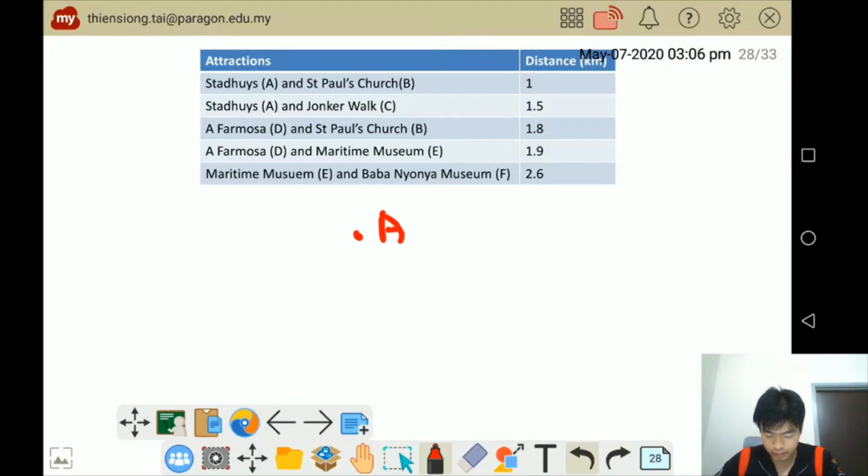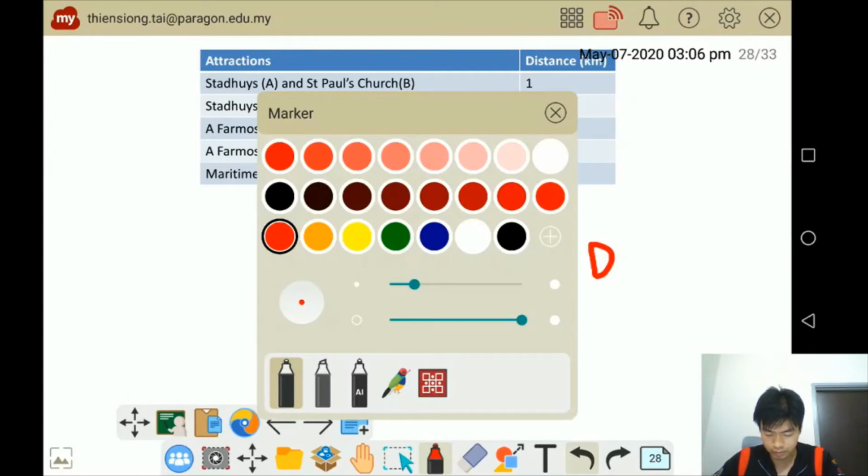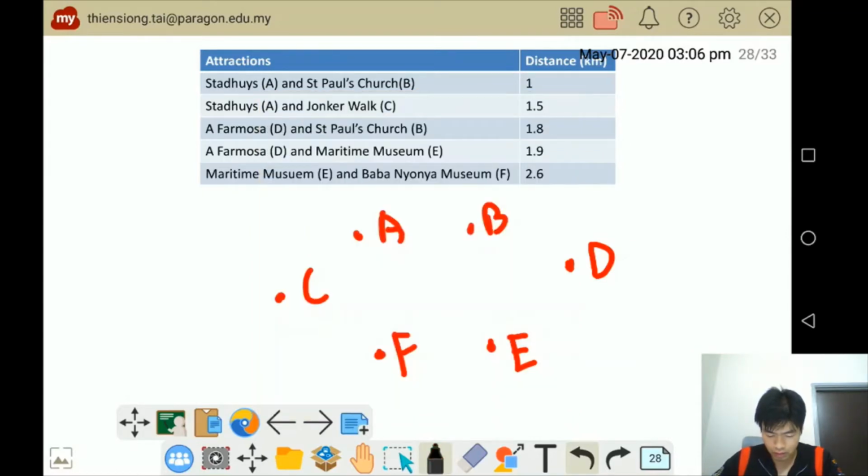A, B, C, D, E, and F. So I'm going to use the black pen to connect them based on the table. A and B, 1 kilometer.